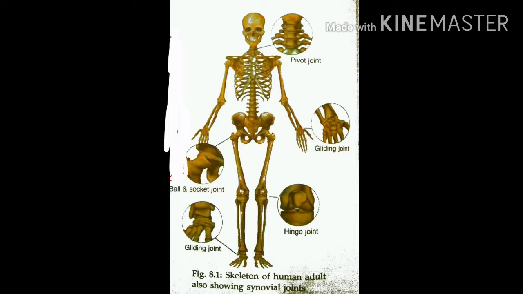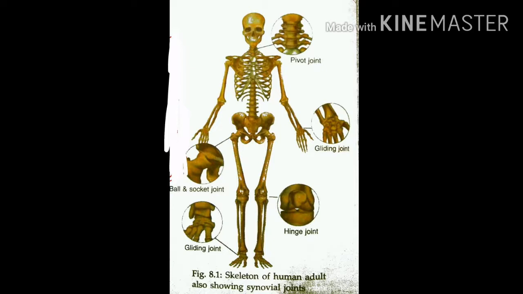Next one, freely movable joints. Such joints allow free movement in one or more directions.